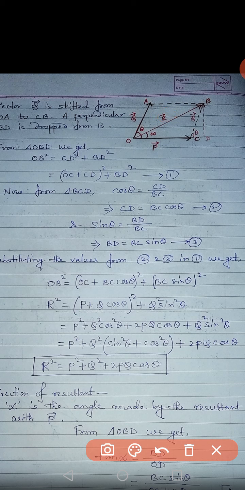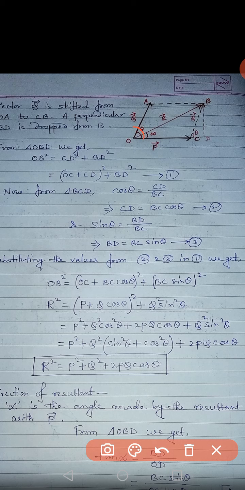Then some construction is done. From B I have dropped a normal on D, a perpendicular, and this side OC is extended till D. Now if this angle is theta, then certainly this angle is also theta.